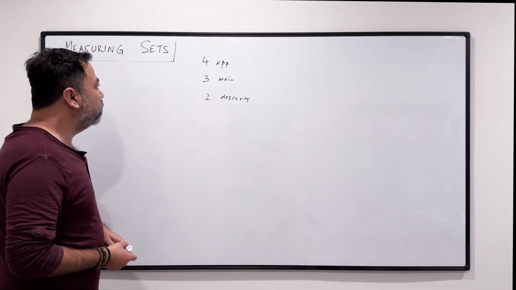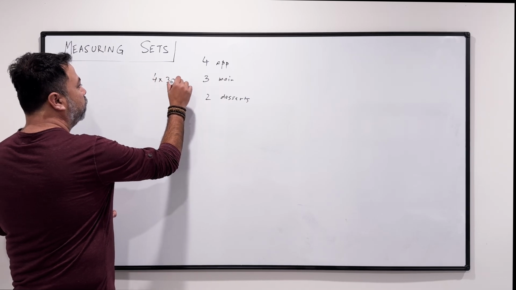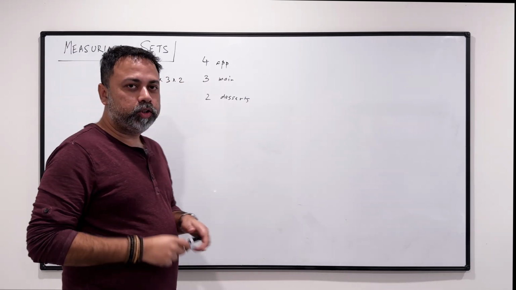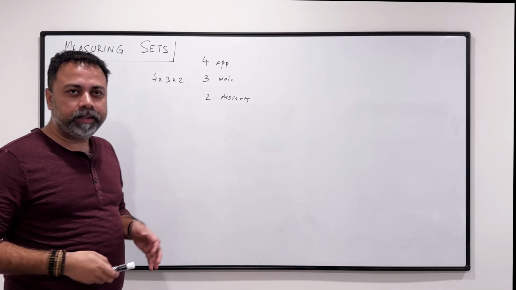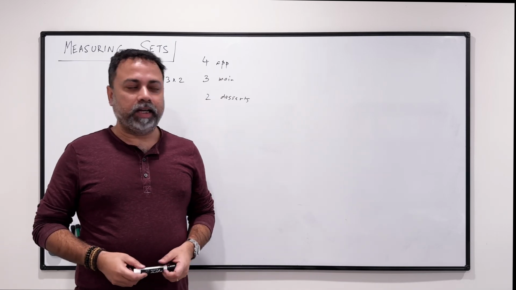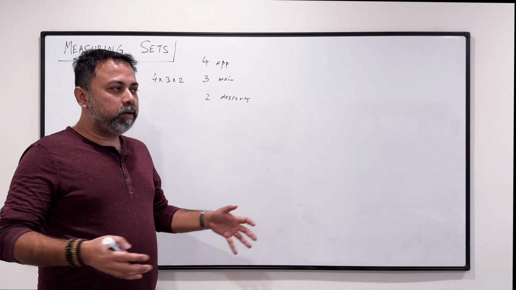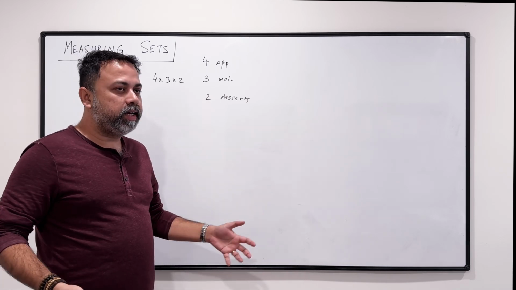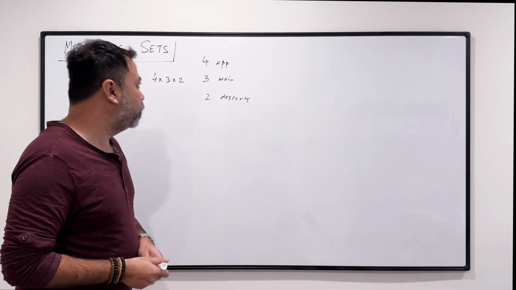Typically what you would do is multiply 4, 3 and 2. These are the different choices, and you'll get some number. I don't know, 24. So there are 24 different meals that you can get. In some sense, you're counting the number of elements in this set, where the set is the set of all meals that the restaurant is offering.